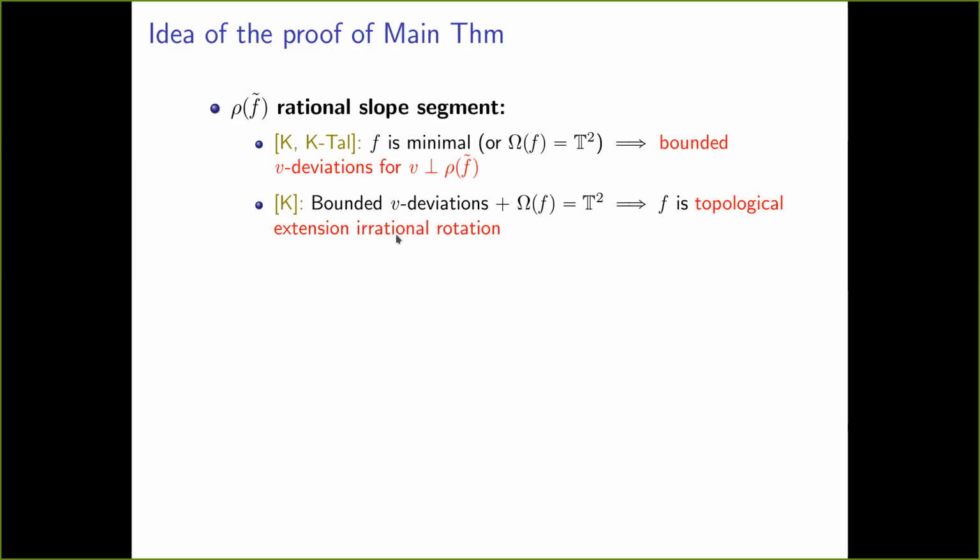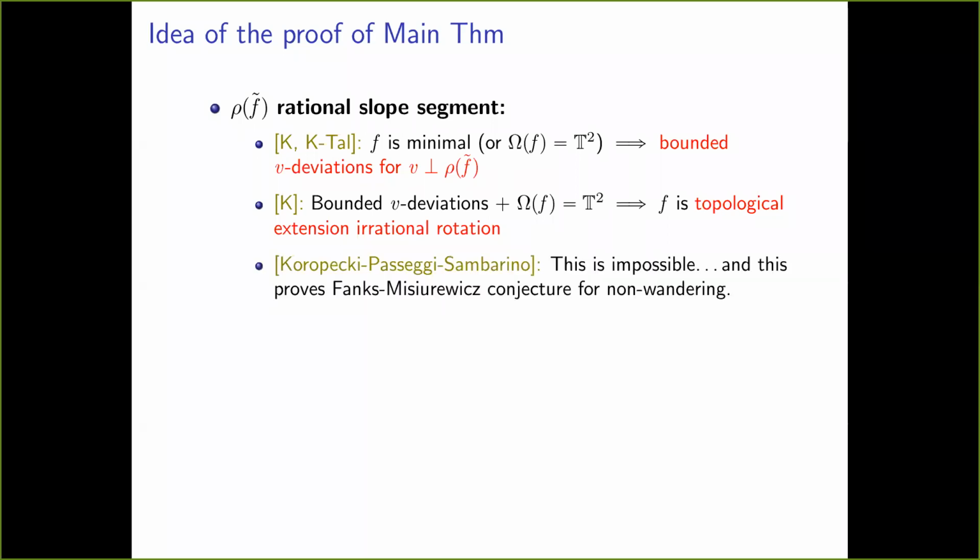There are some previous results dealing with the semiconjugacy due to Tobias Jäger. There is some work of Tobias and Fabio Tal as well, dealing with the semiconjugacy, starting from boundedness of V deviations together with this property here. And so in this case, you have a topological extension. You have a semiconjugacy and it's okay.